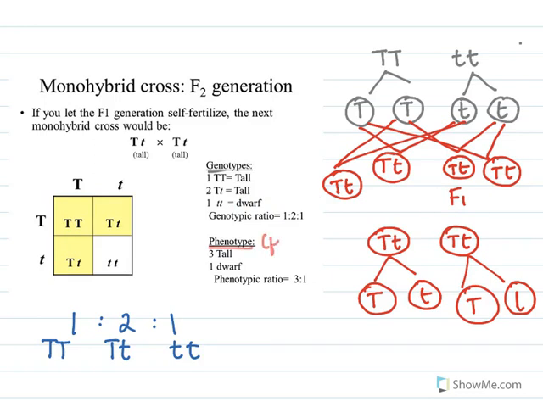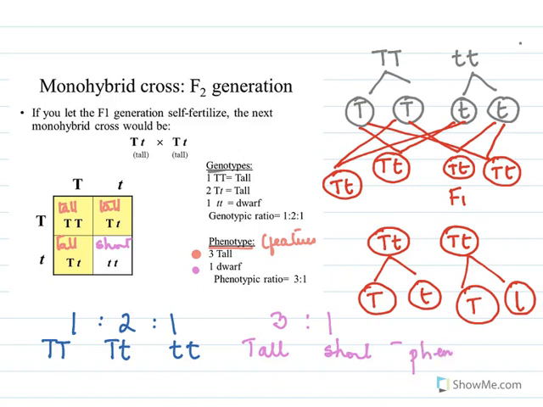Now when we go to the phenotype ratio, these are the features, the external features. In this we had tall, this was tall, this was tall, and this was short. So we have 3 tall and 1 dwarf. So the ratio was 3:1, tall and dwarf or short.